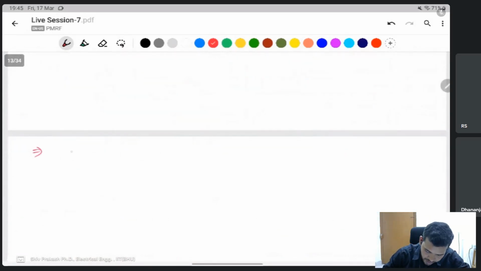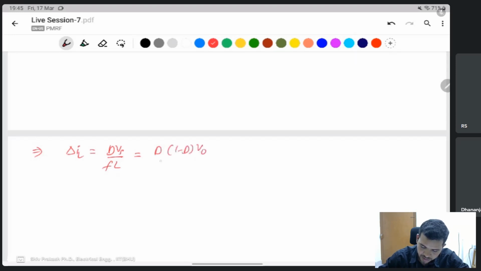You know the delta IL for a boost converter is dVs divided by FL. Vs is written as 1 minus d into V naught, because V naught in continuous conduction mode is Vs by 1 minus d, then Vs is 1 minus d into V naught.